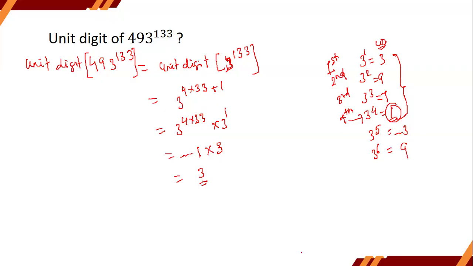Here, the unit digit was repeating after every fourth term, so I wrote the power as a multiple of 4. Now we have the remaining one over here, and we figure out the unit digit at every fourth term, which is 1 here. Hope this is clear.